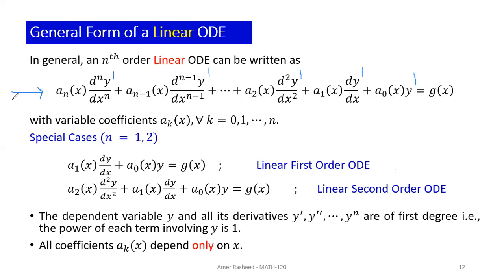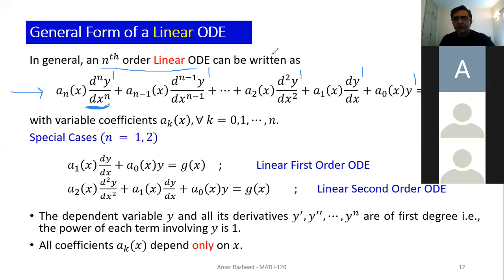In each term, the degree, or you can say power of y, is 1. So it is a linear differential equation. And as it involves the nth derivative of y, it is called an nth order linear ODE. So this is an nth order linear ODE. I hope you got it.